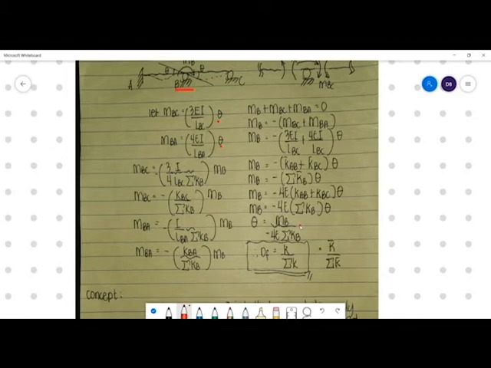We substitute this theta into M sub BC and M sub BA, and we obtain the following. We find that the distribution factor is equal to the relative stiffness over the total stiffnesses. Remember that the summation of the distribution factors is always equal to 1, which denotes 100%.